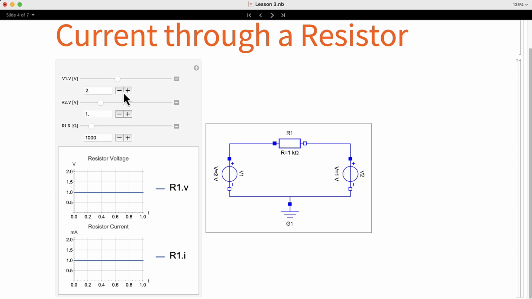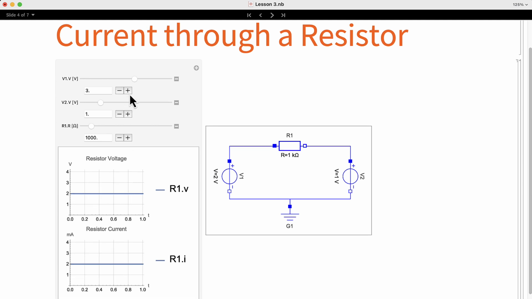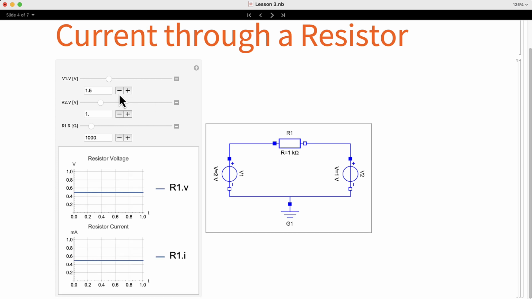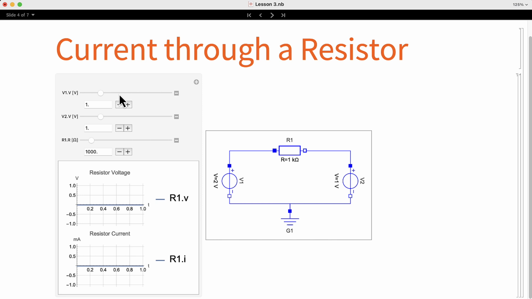If we increase the voltage of source 1, we can see that the difference, which is what the resistor sees, becomes larger. That also increases the amount of current that is flowing through the resistor. If the values of both sources are the same, we can see that the voltage in the resistor is 0 and there is no current flowing.